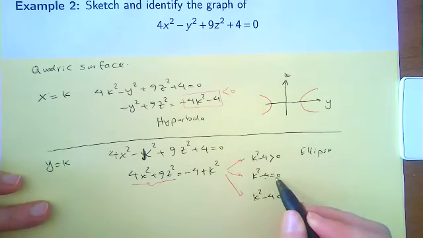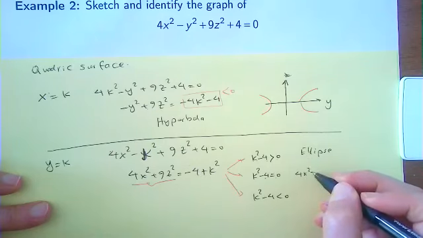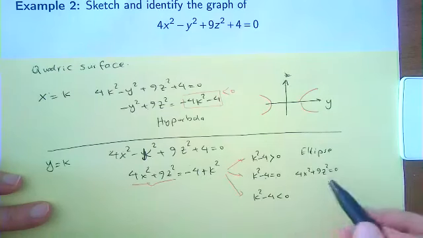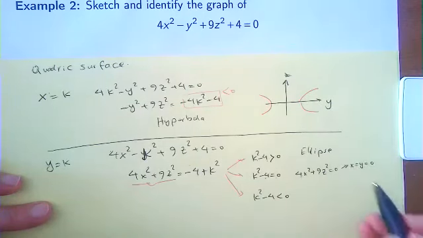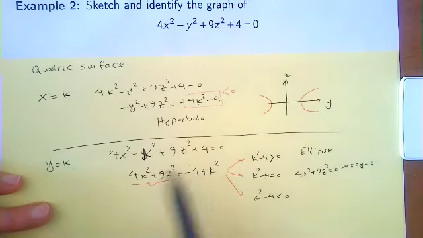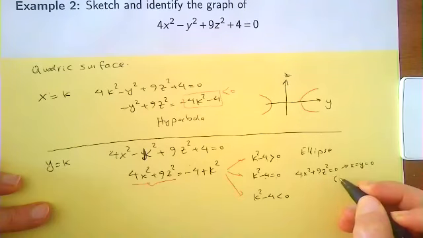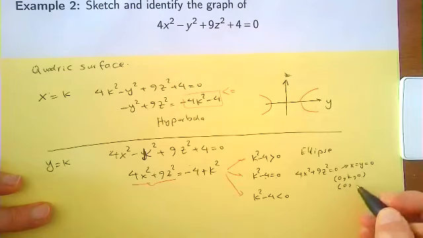K squared minus 4 equal to 0 means that this side is 0. That means that 4x squared plus 9z squared is equal to 0. The only way two non-negative values add up to 0 is if x and z are both 0. And keeping in mind that k was assigned to y, this gives me a point. So it gives me 0, k, 0.